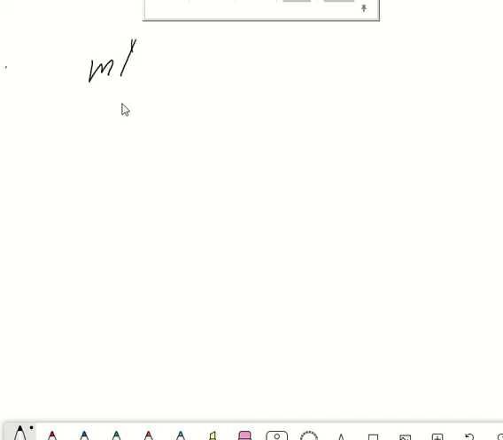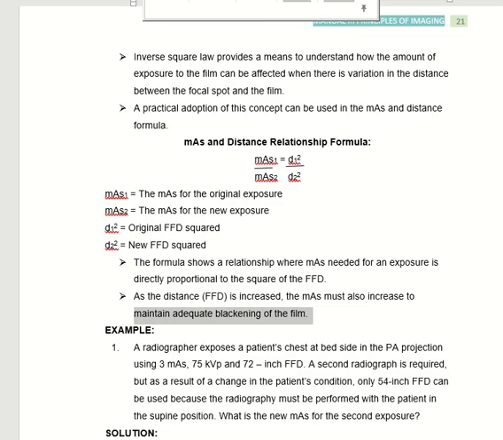So MAS1 over MAS2 is equal to D1 squared over D2 squared. Tama ba? Let me check. Tama.